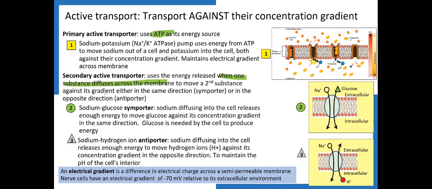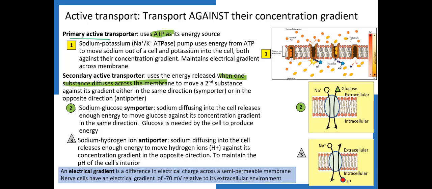Let's talk about the first one, which uses ATP. The active transport that uses ATP is called primary active transport, and an example of a primary active transporter is the sodium potassium ATPase pump.